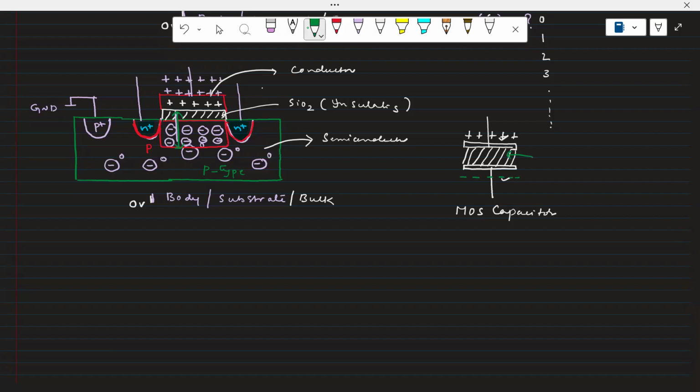It also consists of immobile ions. Now we are adding some more immobile ions below the oxide. So from this point to this point, can we say this is the oxide thickness?